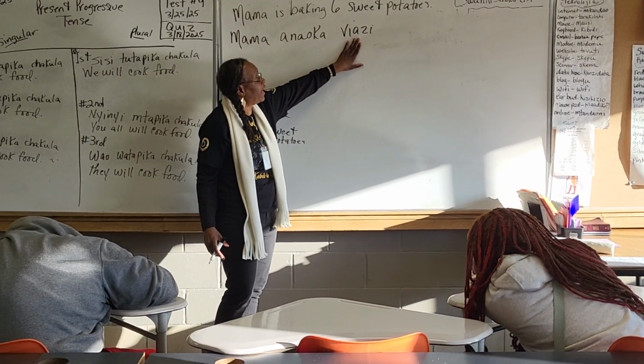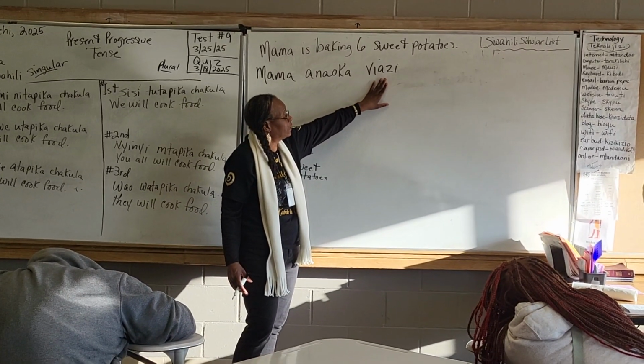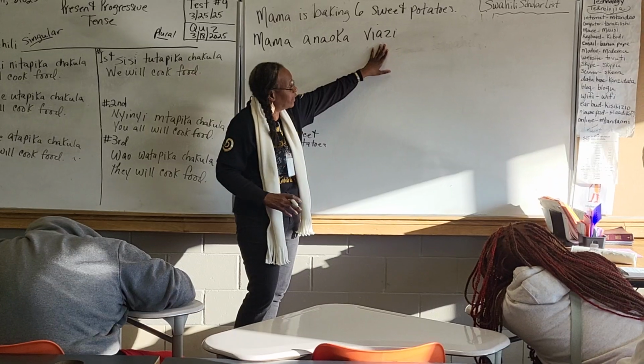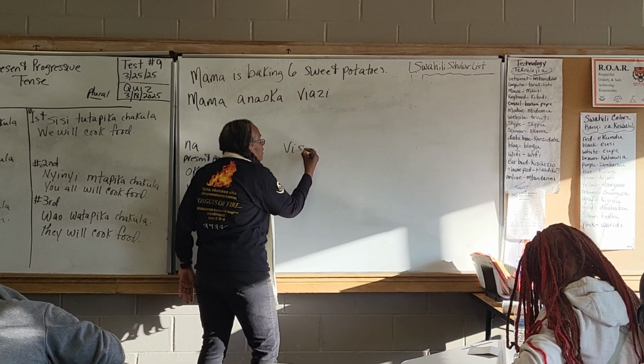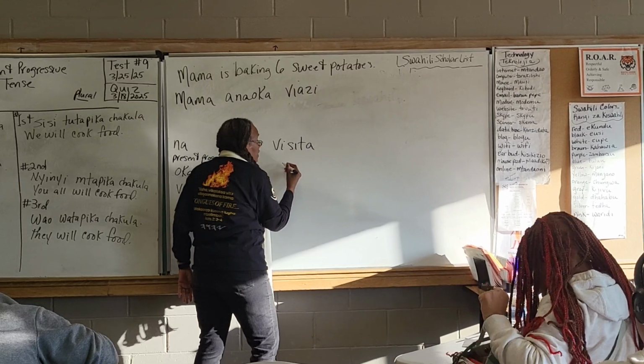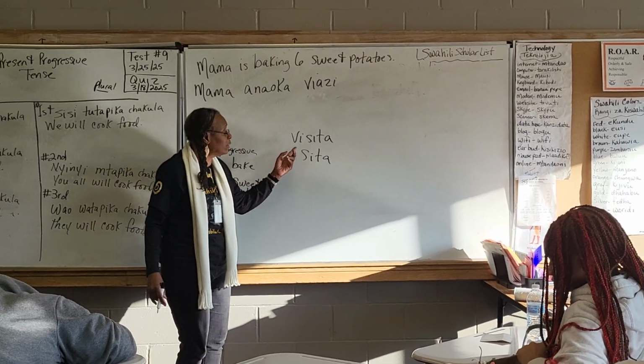Numbers are modified based on the plurality or the singularity of the noun that they're modifying. Why don't I say V sita? Y'all are telling me to say sita, and I'm not telling you that you're wrong. You're correct. But why don't I say V sita?